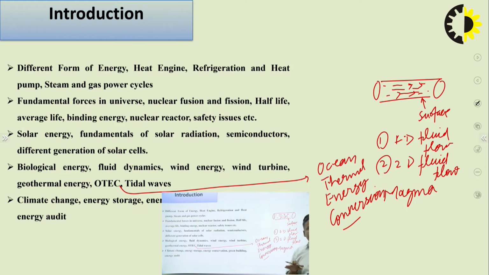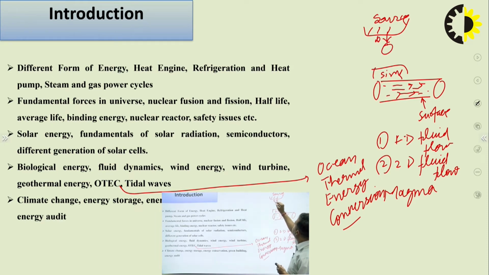The temperature at the surface of the sea is higher than the temperature inside, at the level or layer which is very much below the surface of the sea. Because of this temperature difference, it basically works as a heat engine, and we know that in case of a heat engine, there is a source and there is a sink.